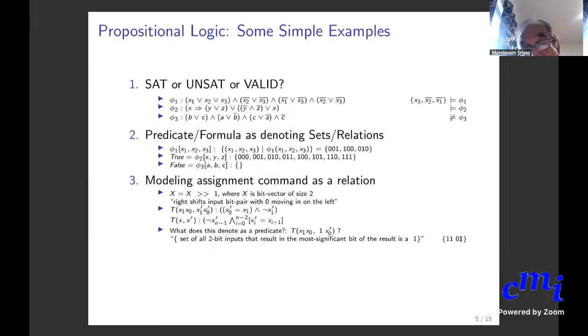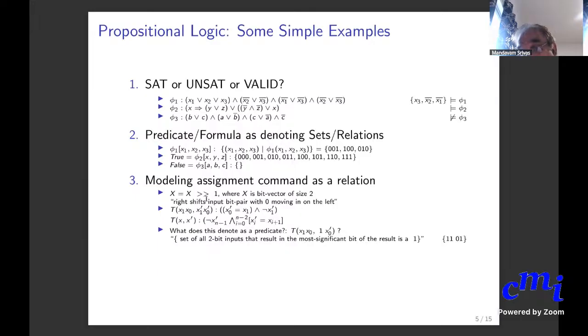So this is how we view formulas and predicates, and then we assign the meaning of a predicate as the set of all satisfying assignments. In that sense, this is denoting an input-output relation of executing a single statement, by relating the formula and the predicates to the input and the output.